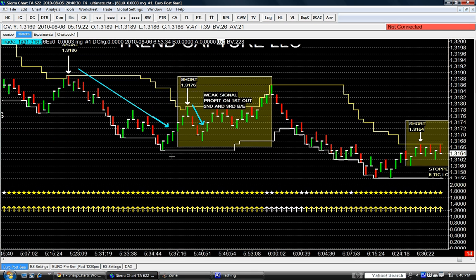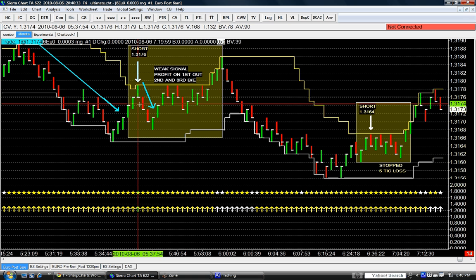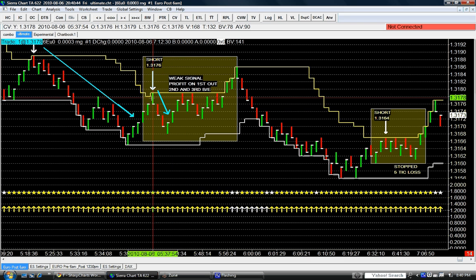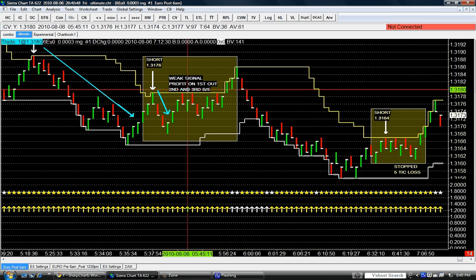In this situation, you would have gotten your first out 7 ticks, but on your second and third position, they would have been stopped out at break even. So not disastrous, because it was a profitable trade, and that's one of the reasons also that we try to move our initial stop loss down to break even as quickly as possible.